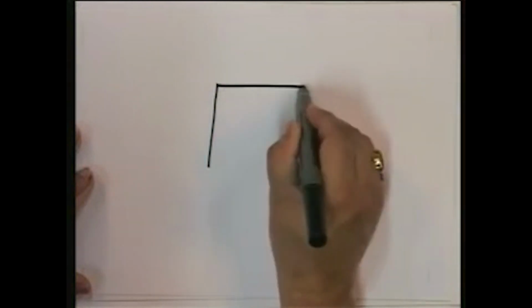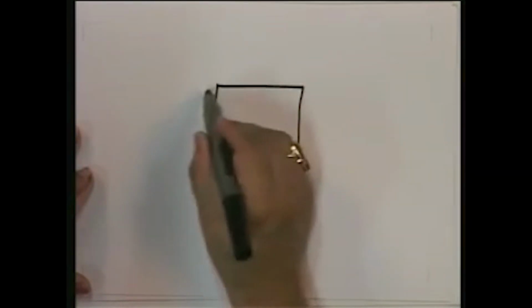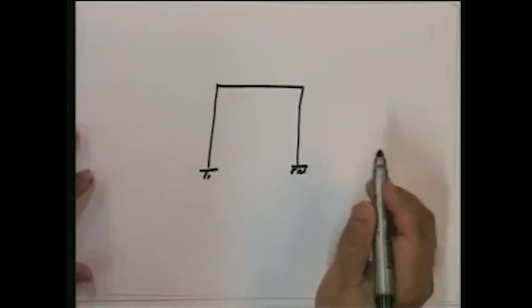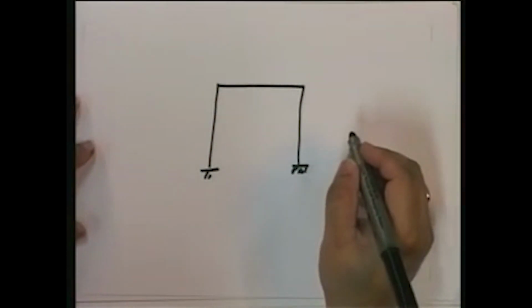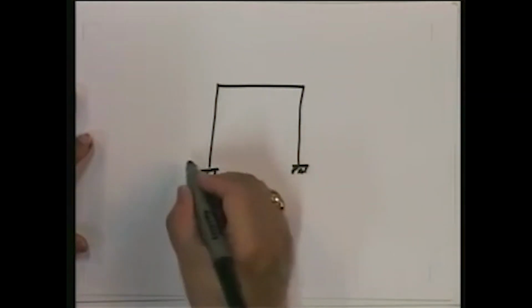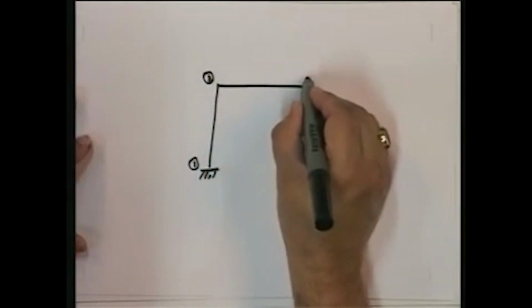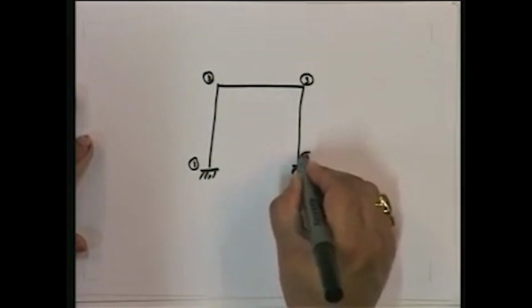Now let's go to the frame. You might say, how does this work? Let's go to the frame that we were looking at. And I say that all the members are actually rigid members. So let's now see how I compute the degrees of freedom. How many joints? 1, 2, 3, 4.